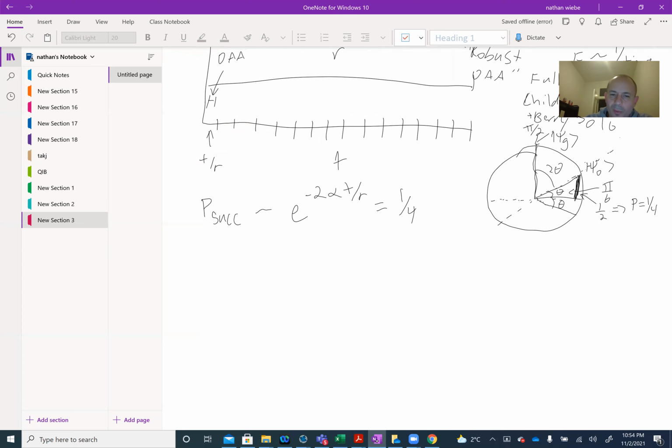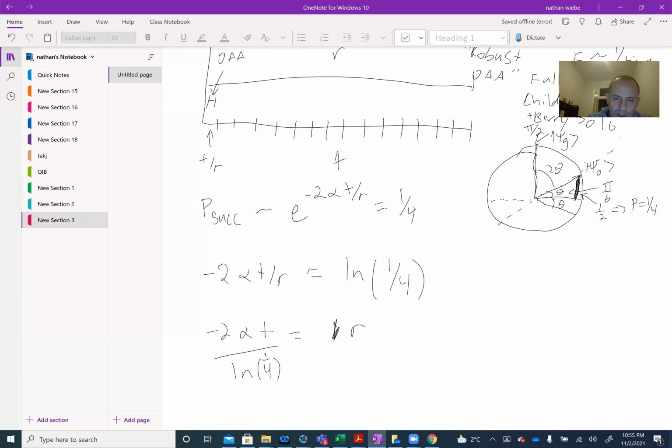So let's take the logarithm of both sides, and we get 2 alpha t over r is equal to ln of 1/4. And so we find that r is equal to negative 2 alpha t over ln 1/4, and ln 4 is actually just 2 ln 2.